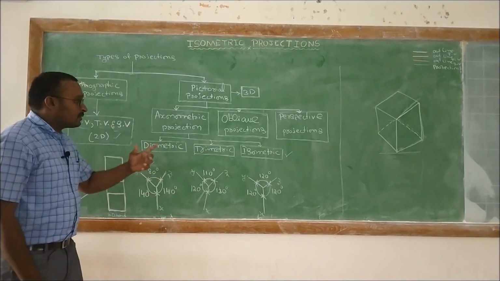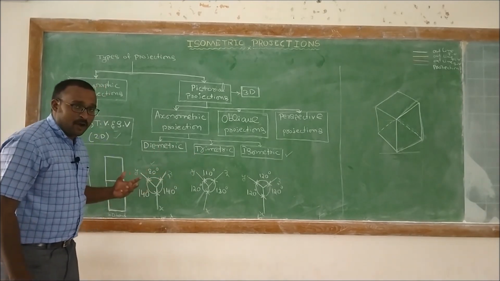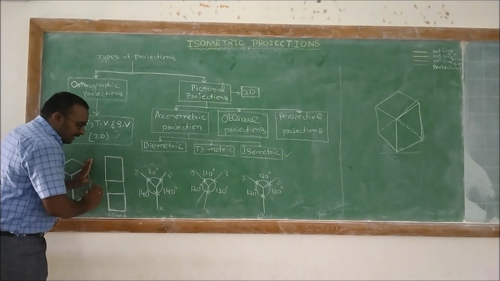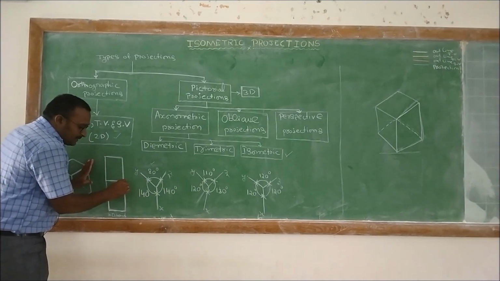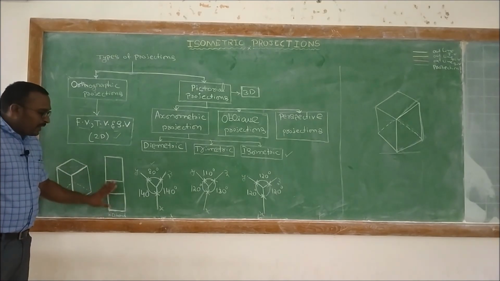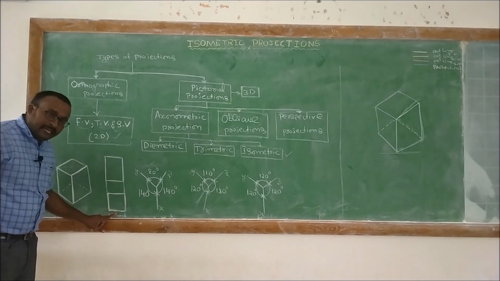Why do we require the isometric view? Why don't we go for dimetric and trimetric? Whenever we project a component in 3D, here you can see the orthographic projection of a simple problem. It is a square prism of base 40 mm.